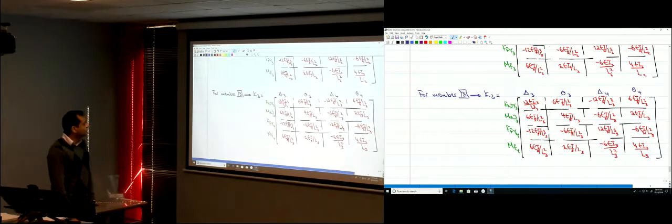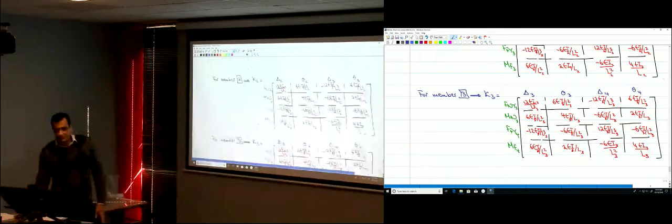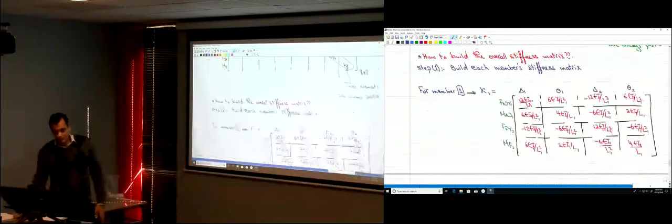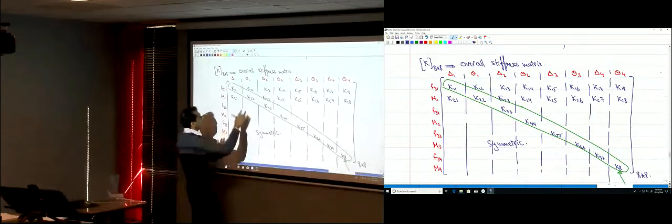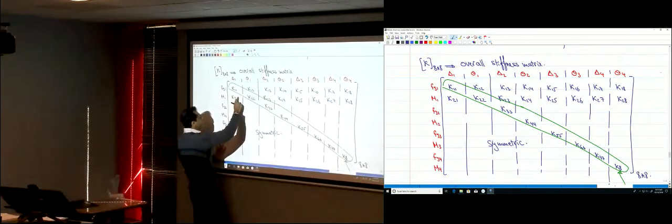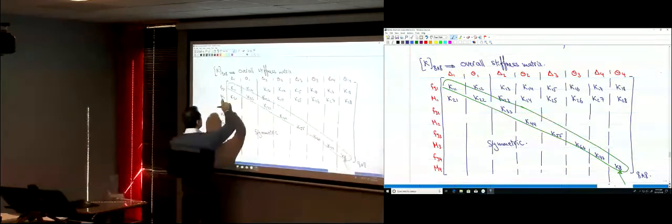Now, what did I do? My target is not to find those. My target is to find what? The overall stiffness matrix. The factors here that relate delta 1 to Fy1. This number here that relates delta 1 to M1.